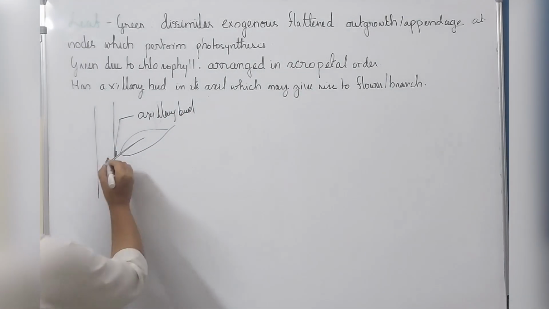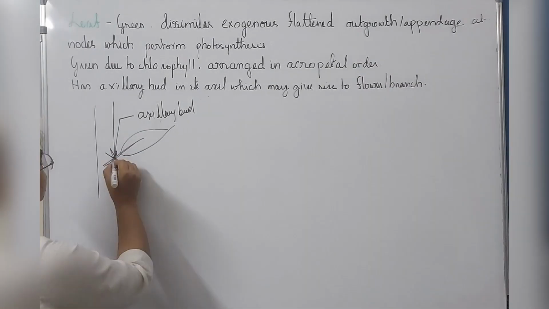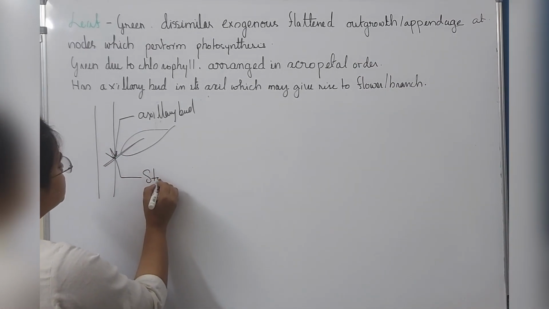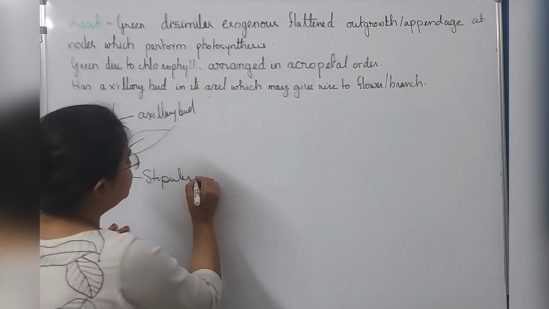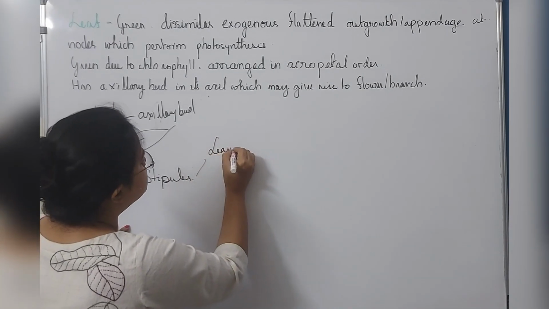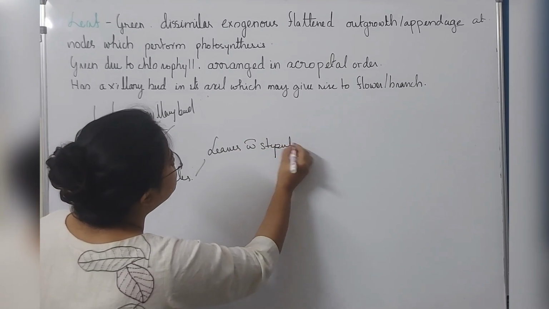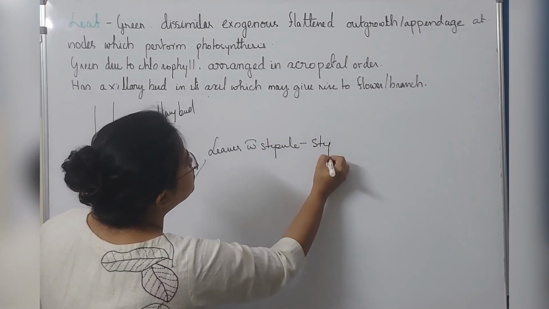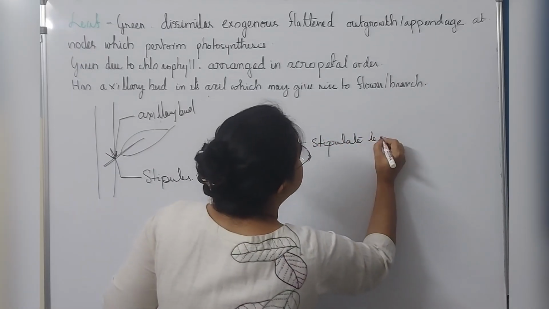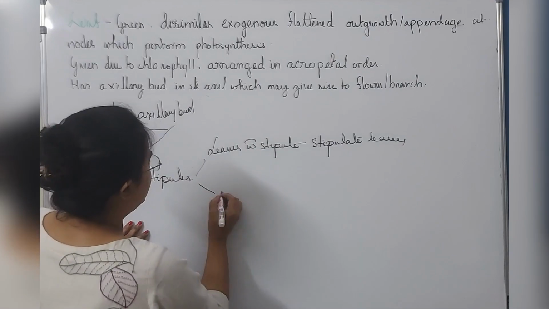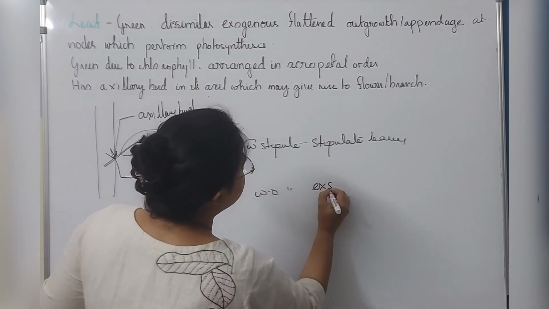Some leaves may bear a pair of leaf-like appendages or outgrowth which are called stipules. Okay, leaves with stipule, stipulate leaves, and leaves without stipule, exstipulate leaf.